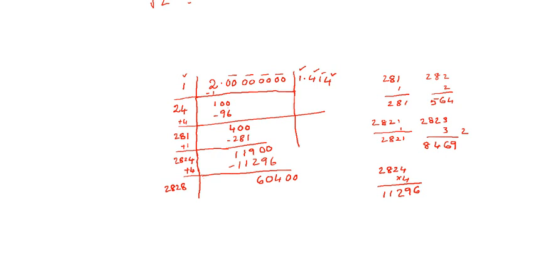This is the divisor now. If you write 2 and multiply by 2, 2, 8, 2, 8, 2. If you write 2, you multiply it by 2.